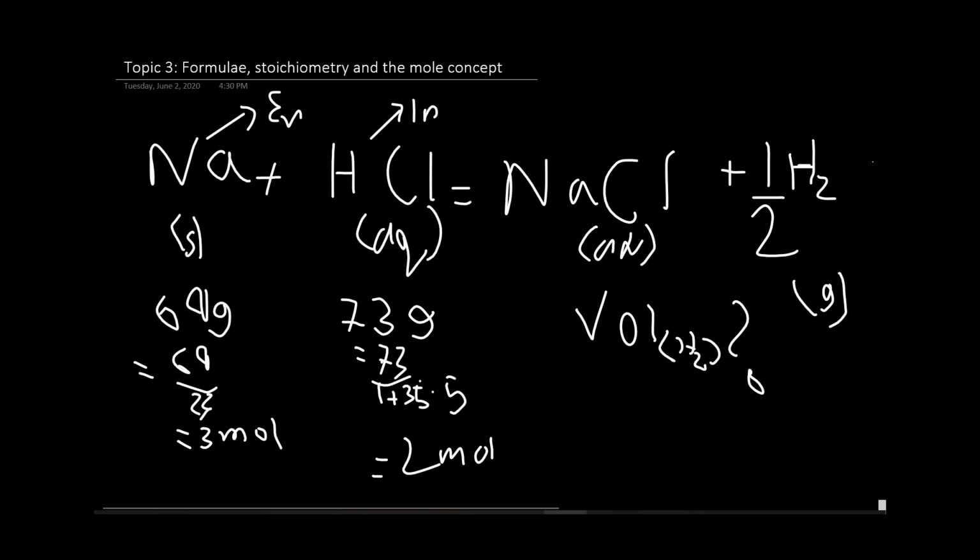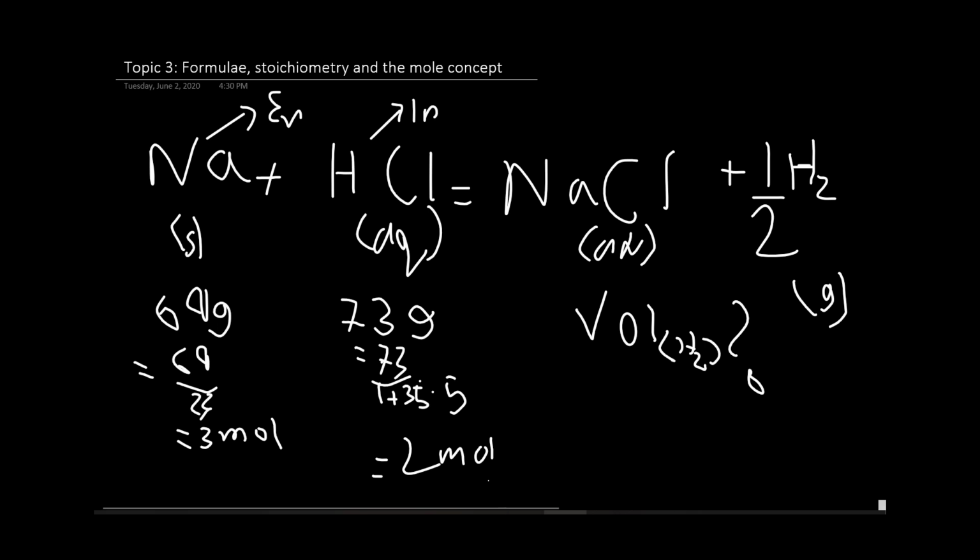The amount of hydrogen produced will depend on the amount of hydrochloric acid. So the amount of sodium will not come into play, since this is not the limiting reactant.